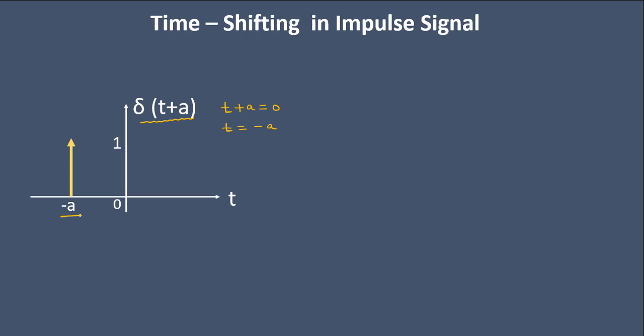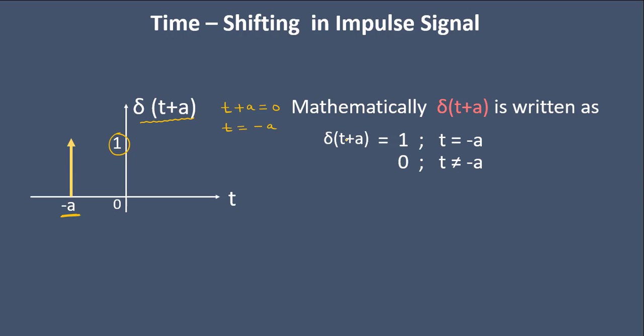Hence, the impulse is present at t equals minus a with the value 1. So we can mathematically write del of t plus a, its value is 1 for t equals minus a, and the value is 0 for t not equal to minus a. So del of t plus a is a left shifted signal, hence we can say it is an advanced signal.